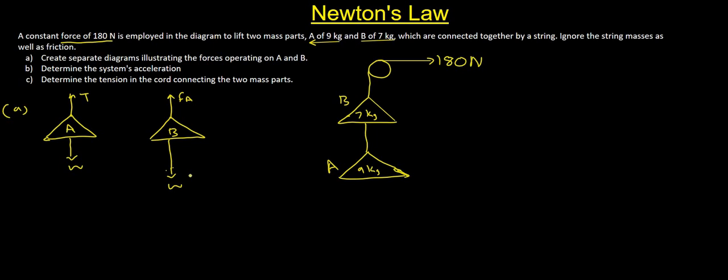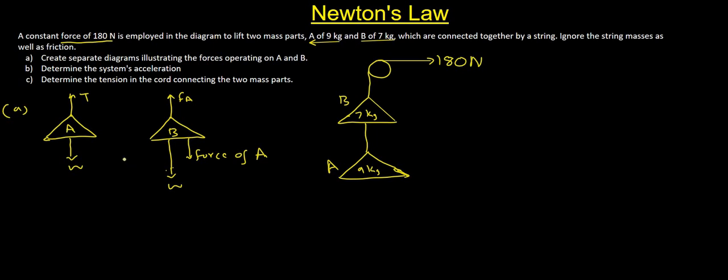It's a weight of A, a weight of B, and the downward force of the string, which will also be the force of A. Or we can say the force of the tension from A. So that will be the two forces acting on B.